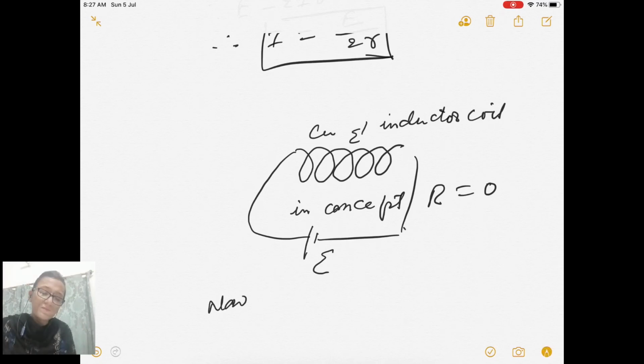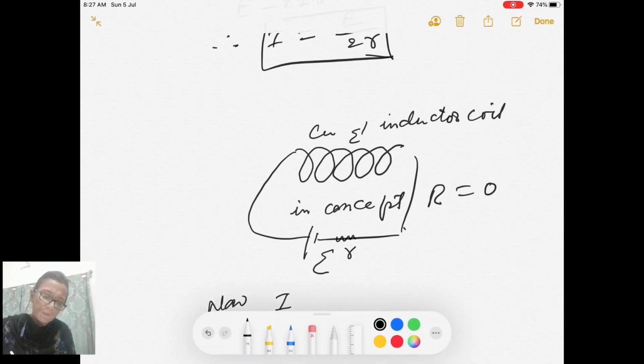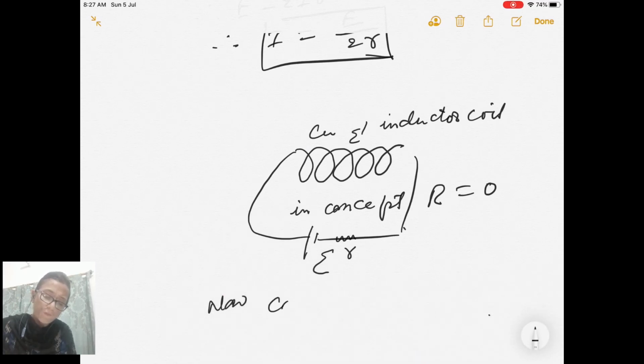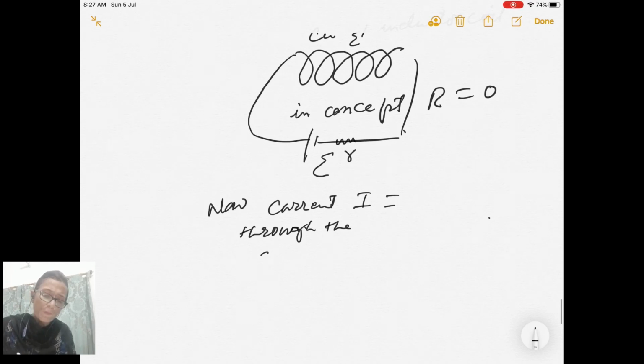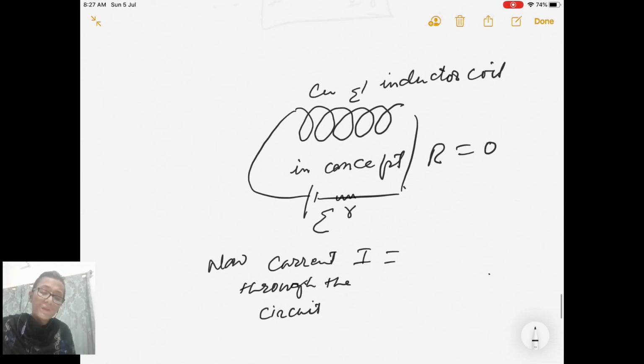Now suppose battery internal resistance is r and EMF is E. Now current I through the circuit must be equal to net EMF, and the two EMFs are in opposite directions, so let me subtract one from the other and divide by r, as in concept, the resistance of an inductor coil is 0.